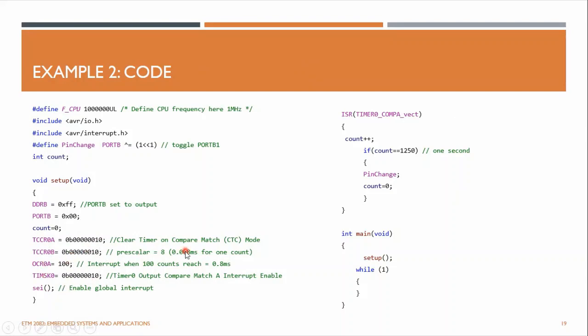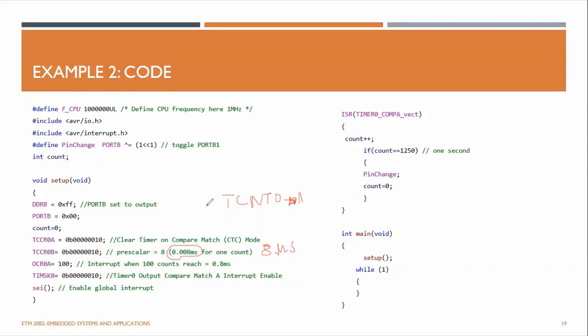Now the prescale is 8, which means it takes 8 microseconds, like 0.008 milliseconds, to update your TCNT0, the timer register, by 1.